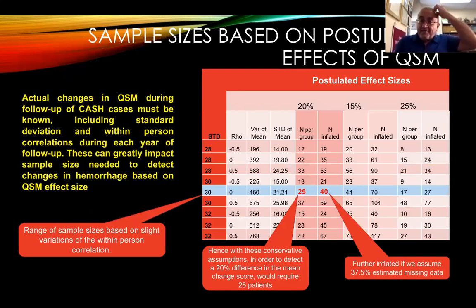So we have assumed to start with that the biomarker change by a drug will be about 20%. So it will change the biomarker by 20, and that will allow us to have somewhere between 25 and 40 patients receiving drug and 25 or 40 patients receiving a placebo in order to show a difference between the drug and the placebo. That is a reasonable number to be able to test.